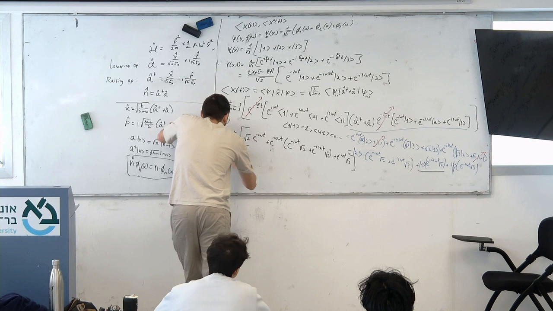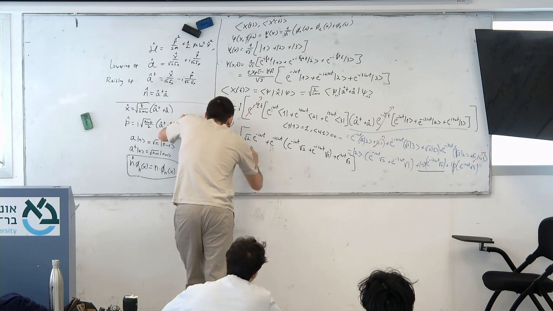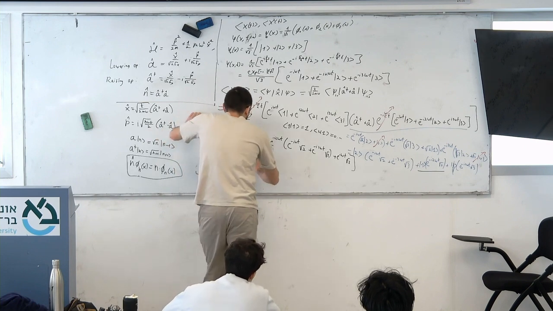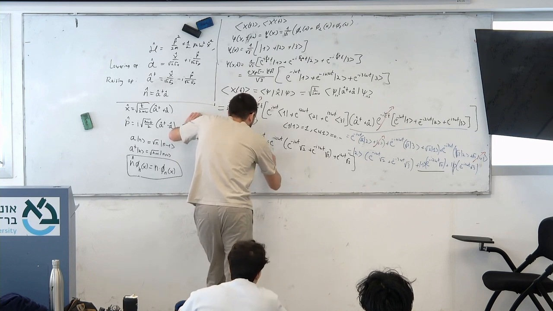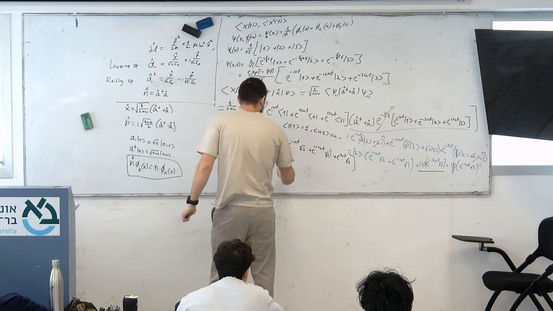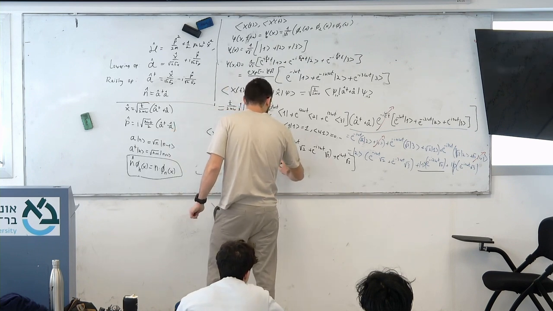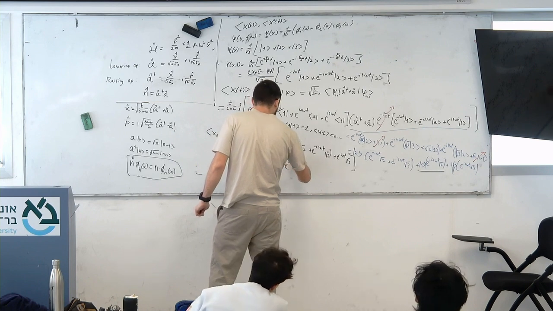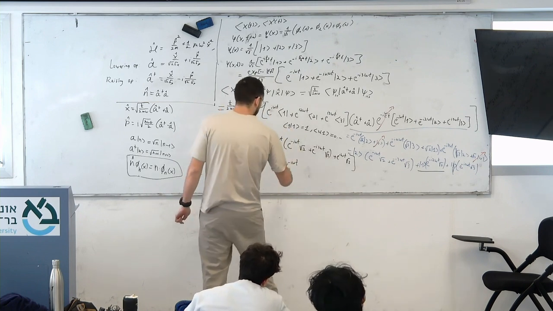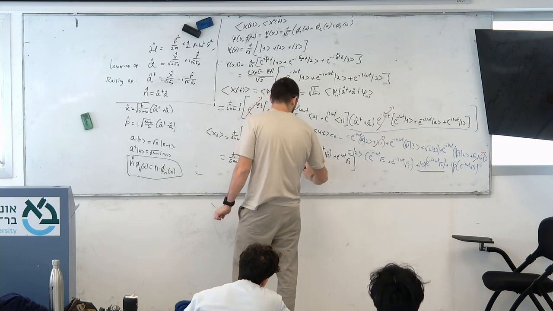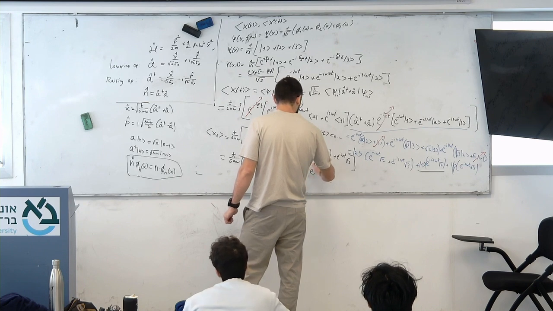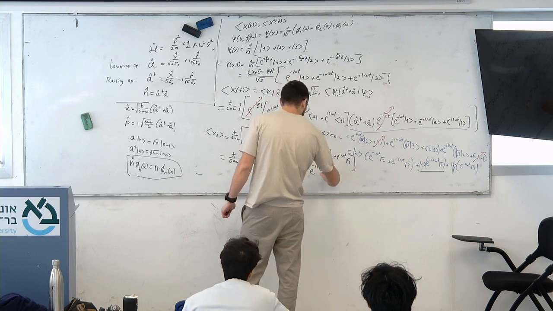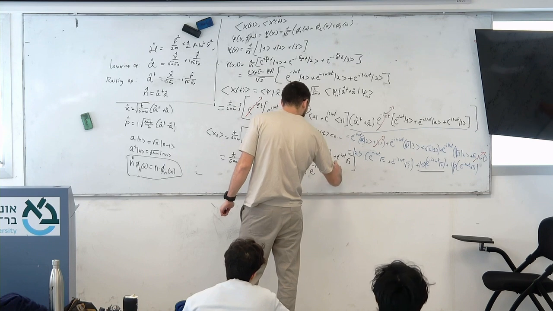Equal to h bar over 6 omega, square root of 2 e to the minus i omega t plus square root of 2 e to the minus i omega t plus square root of 3 e to the minus i omega t plus square root of 3 e to the i omega t.